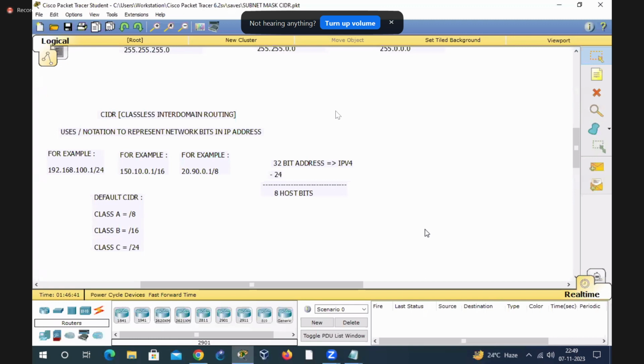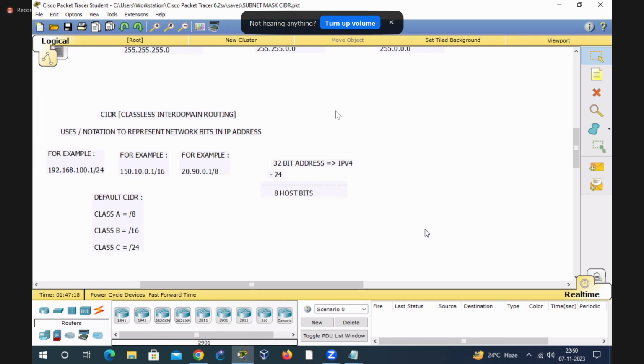Then there is class C from 192 to 223. Its full range is 192.0.0.0 to 192.167.255.255. The other part is 192.169.0.0 to 223.255.255.255. Then class D from 224 to 239.